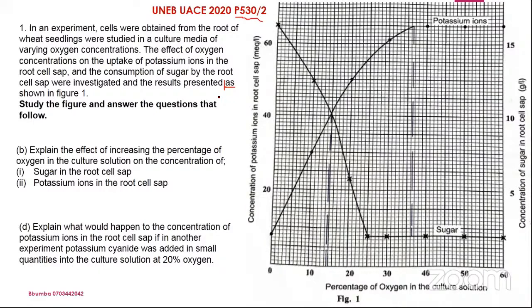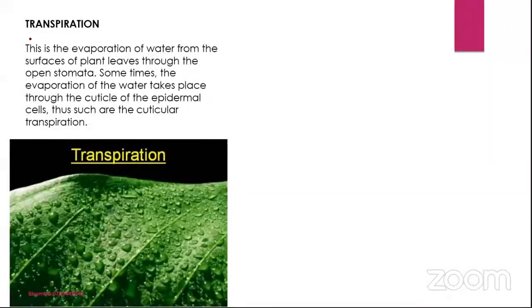So for today, our main theme is going to be basically on transpiration. You guys have studied transpiration ever since you entered, is it from P2, P3, then you went on all doing the same thing.